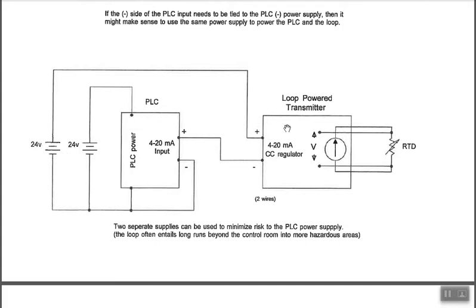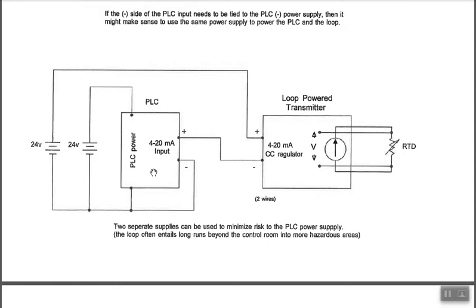It's still loop powered, even though you have a separate power supply for the PLC and a separate power supply for the loop. You can see that, and then they all share a common because of the nature of this PLC input, if it's a single-ended input.